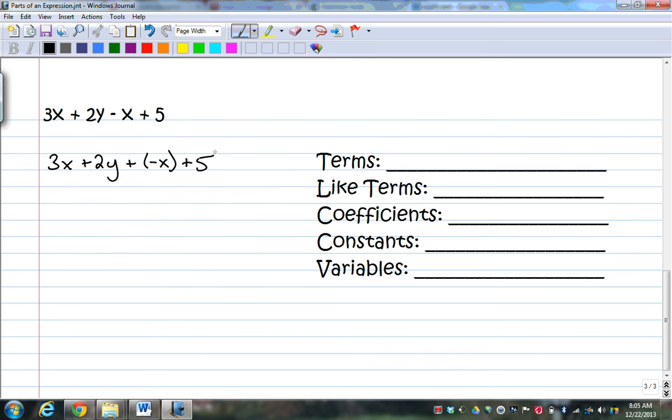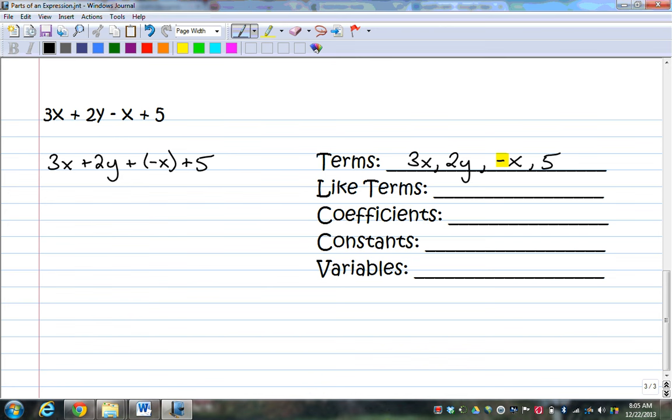Okay, now it's addition. Which means that when I'm identifying the terms, I have 3x, I have a 2y, I have a negative x, and I have a 5. This right here is what most students miss. They don't realize that that's actually a negative x, and they just write x. So if you remember that it's parts of an expression that are added together, you could change to all addition.